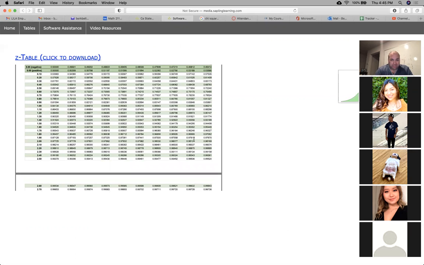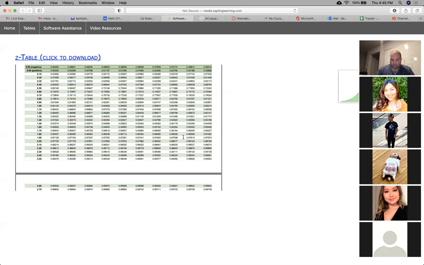Here's 1.908. We want 1.90975. So we want the number right in between them. It's a pretty good estimate. So let's take 0.97558 plus 0.97615 and divide by 2. So we get 0.975865 approximately as the probability of being less than 750.